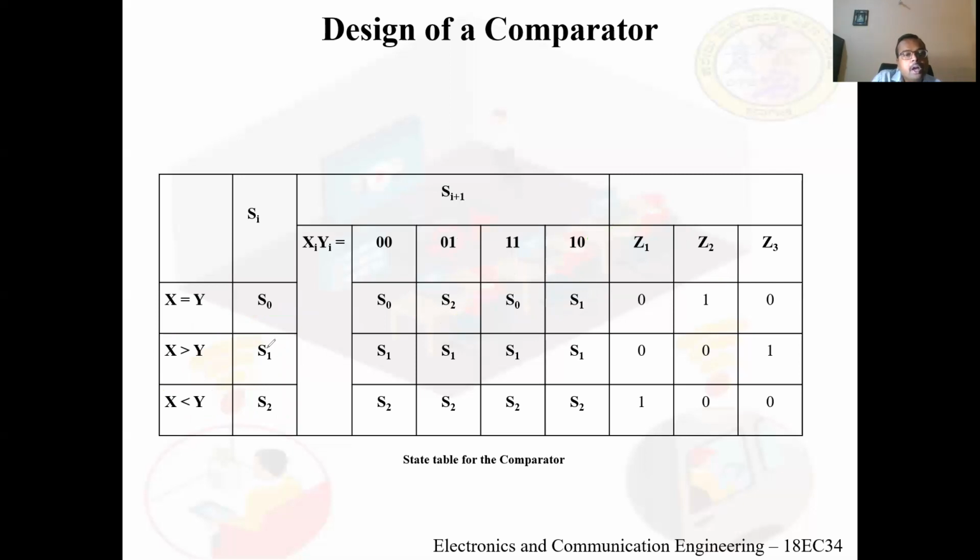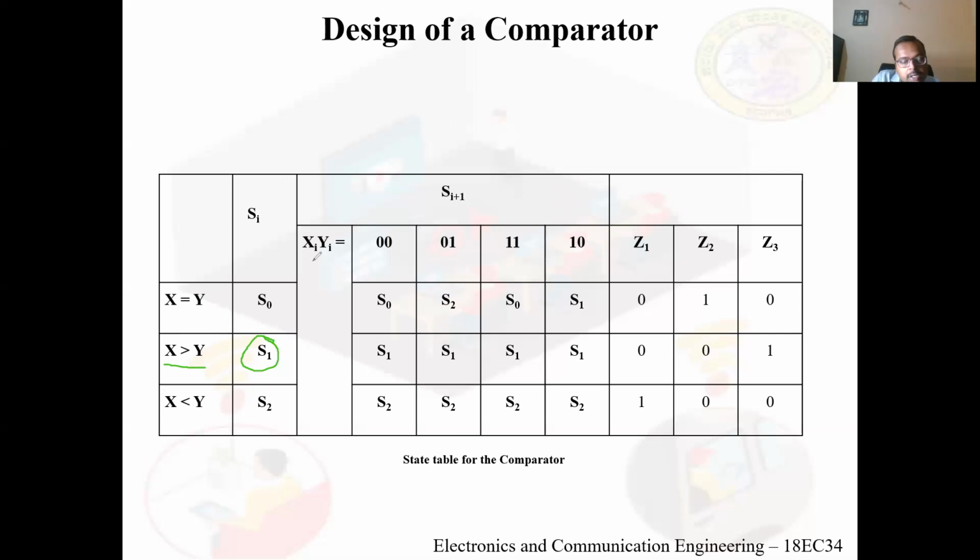Similarly, now if the present state is yes1, when I say present state is yes1, it means that x is greater than y. It means that the most significant bit comparison says that x is greater than y here.